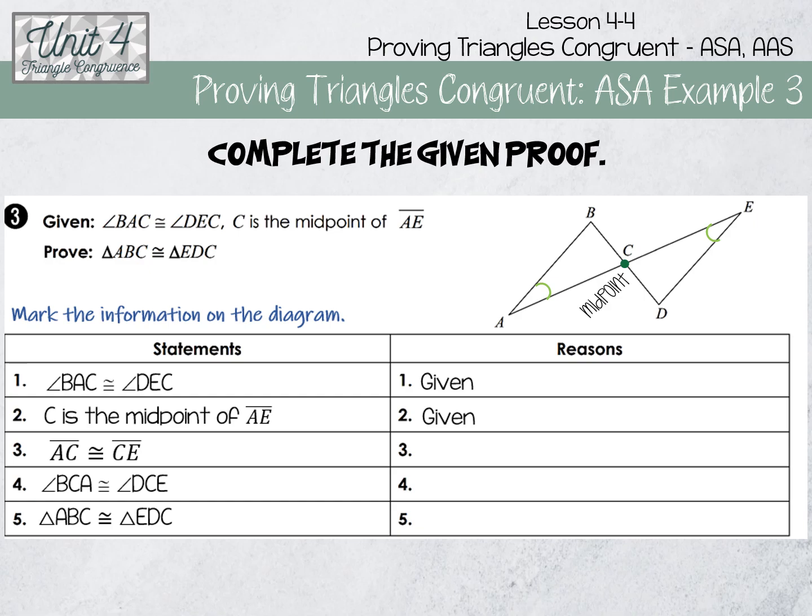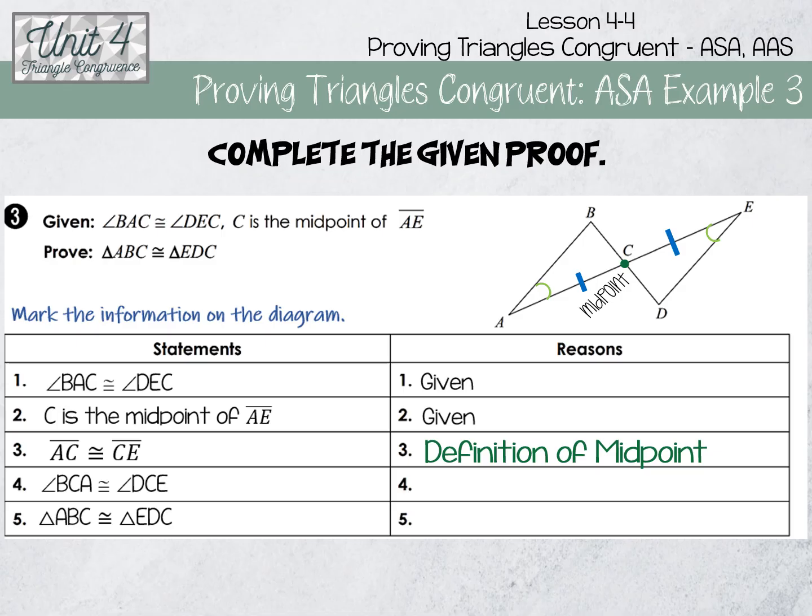It only says it's a midpoint of one of those segments that goes through it. But that means those two are congruent. So reason number 3, segment AC is congruent to segment CE by definition of midpoint.